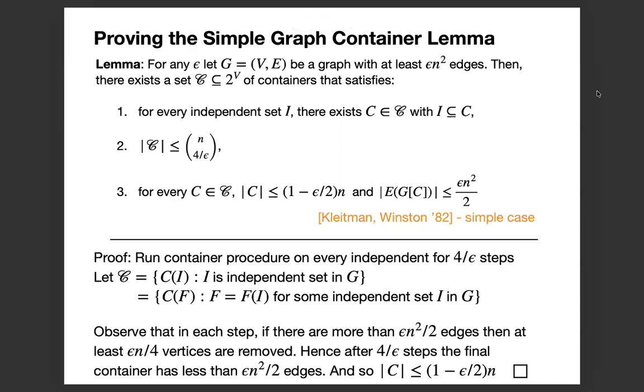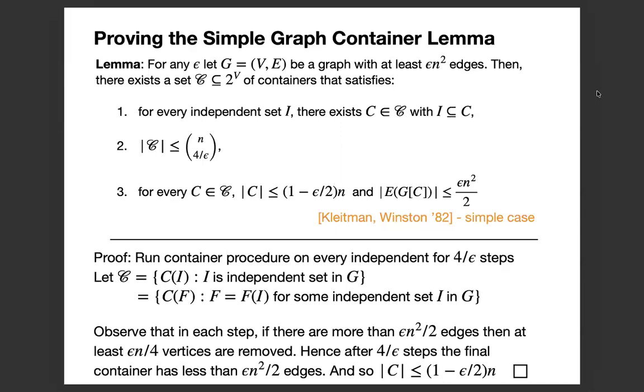And then it's not too hard to show these other properties about the graph. I'll describe this very briefly; it's not super important for the rest of the talk. Roughly, I've shown you that we can have a small collection of containers, but how do we know the containers are actually small and sparse? Roughly, what you want to show is that in every step, if there are a lot of edges, then either you remove a lot of neighbors or you remove a lot of higher degree vertices.